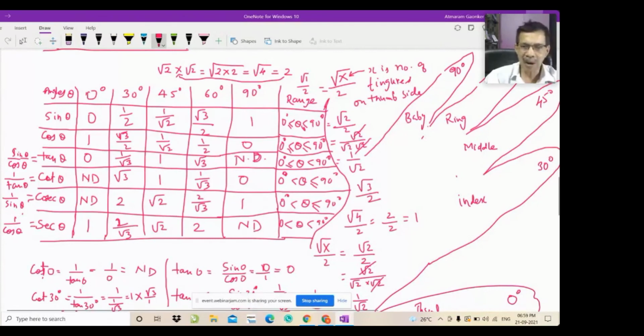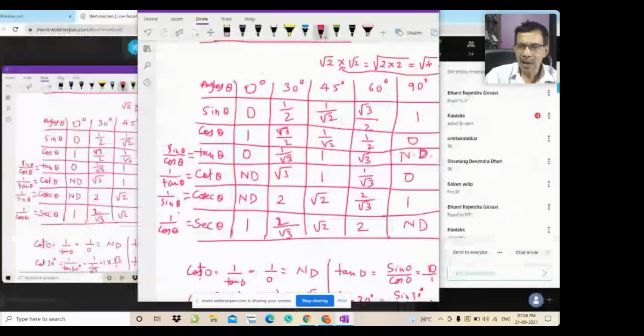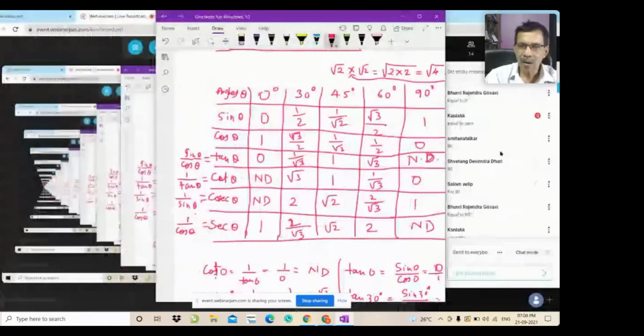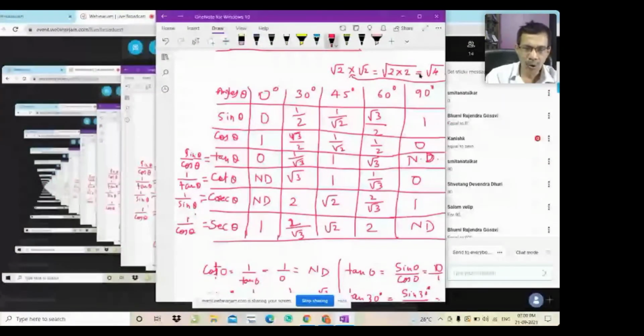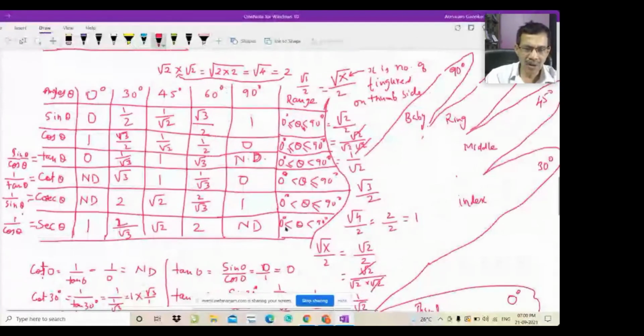Please type in the comment box. Yes, the equal to sign comes with 0. So here the equal to sign is there. I hope you understood this concept perfectly.